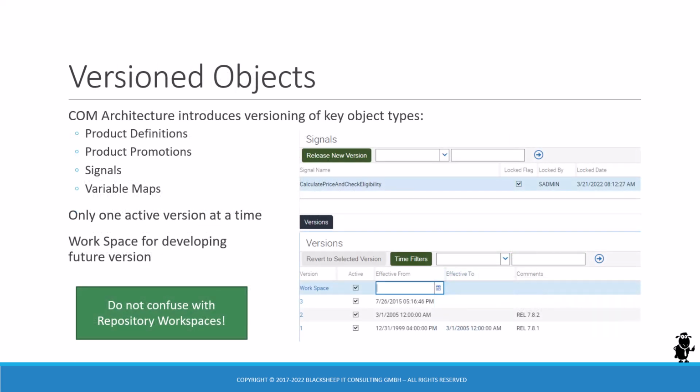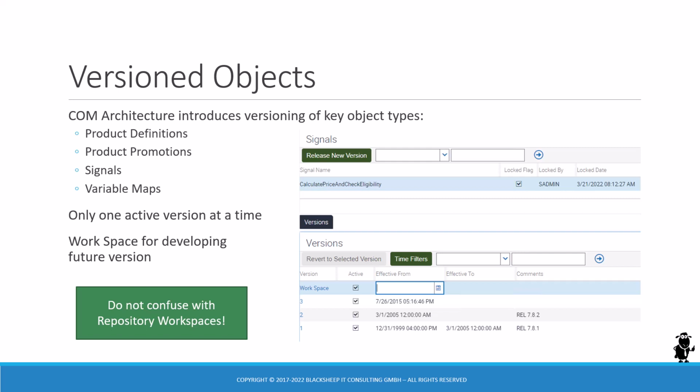Customer order management also introduces a versioning concept for key object types. Those key object types start, of course, with product definitions, which include product promotions, but they are separate objects, and also signals and variable maps are examples of versioned objects. This also goes under the acronym VOD, Versioned Object Definition, that you sometimes find in Siebel CRM.